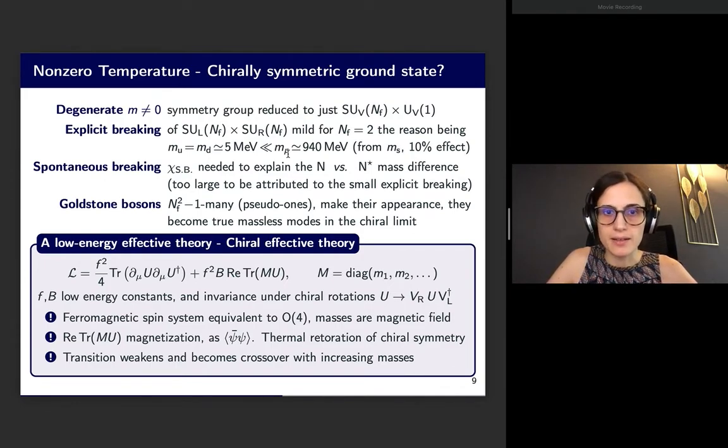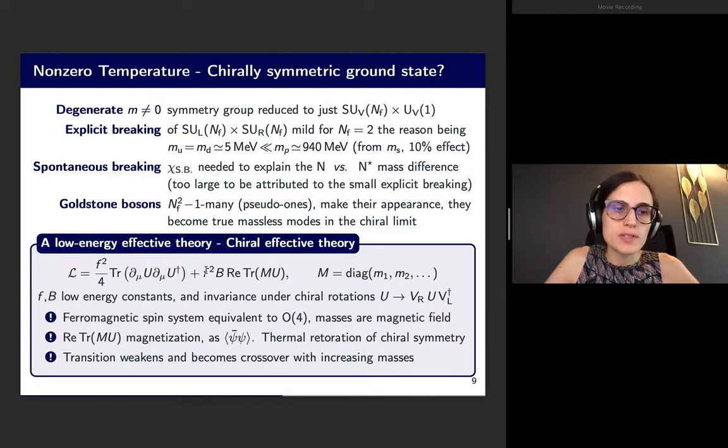Just like the center symmetry was spontaneously broken at high temperature, now we talk about chiral symmetry being spontaneously broken at low temperature. And if there is spontaneous breaking, then the Goldstone theorem is telling us that we will have N_F minus 1 many pseudo-Goldstone bosons that will make their appearance, which would be true massless modes, but only in the chiral limit.